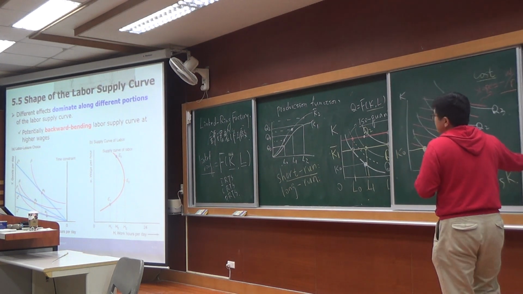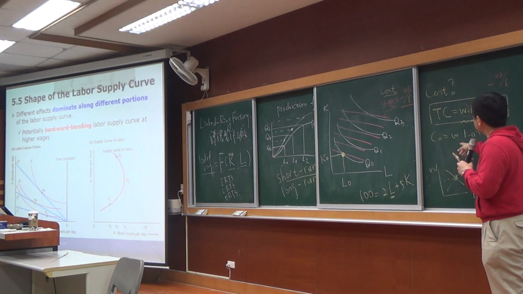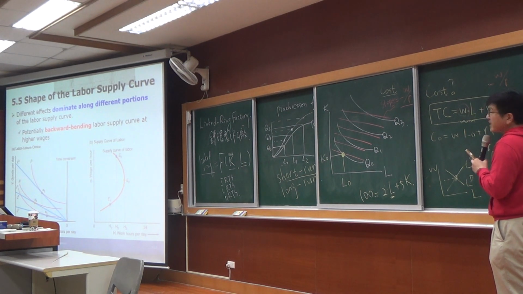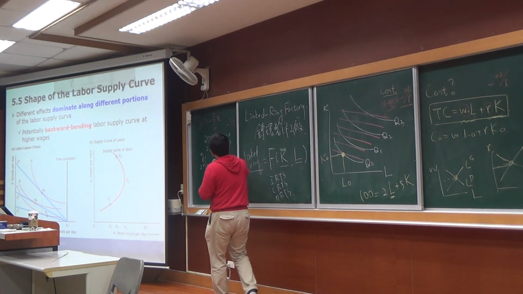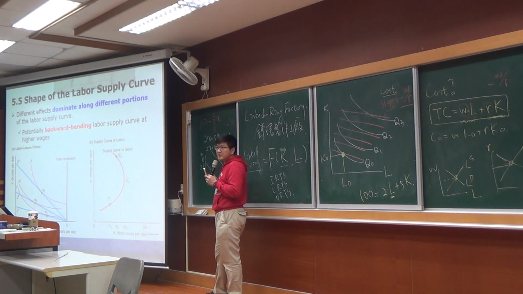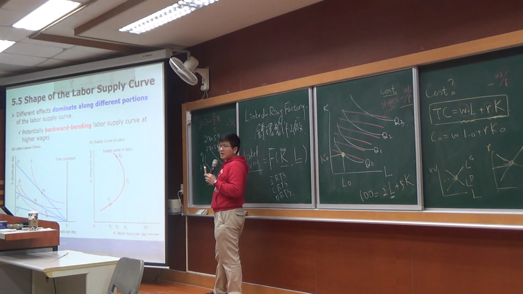All right, what he is asking is that given a total cost, WL plus RK, it is just like given this equation, 2x plus 5y equals 100. So this straight line corresponds to this equation, right? All combinations of x and y on this straight line will give us a result of 100.